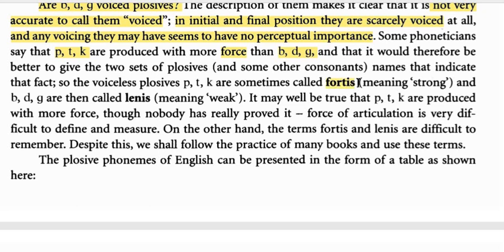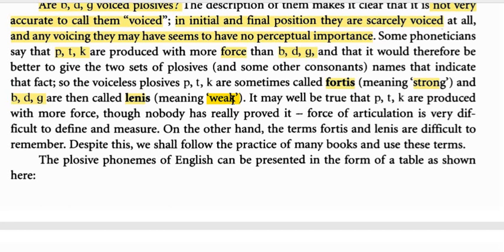It means strong. I mean they are produced with a kind of effort. And b, d, g are called lenis. It means weak. So when we produce them, there is a lower effort.